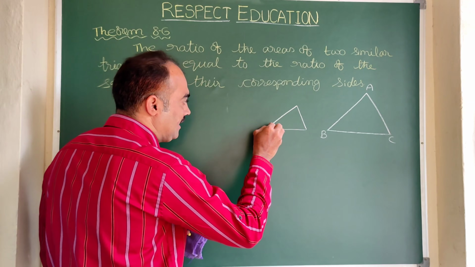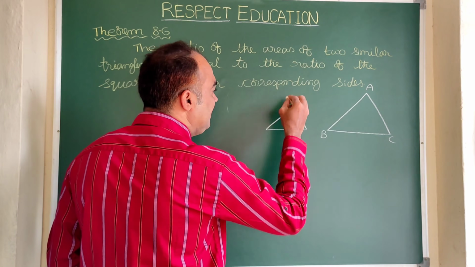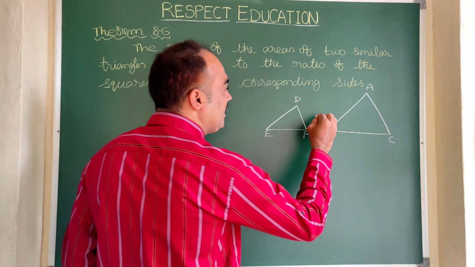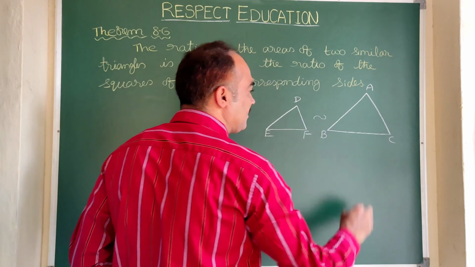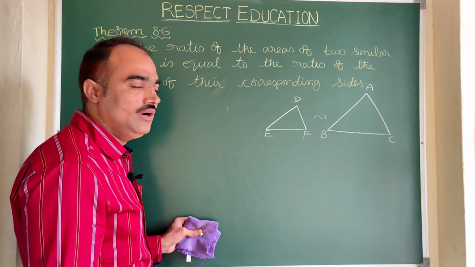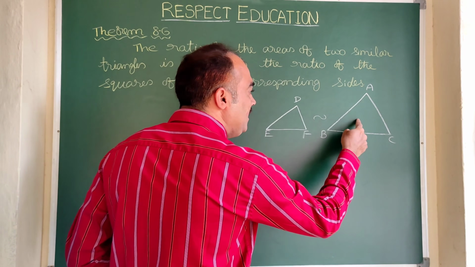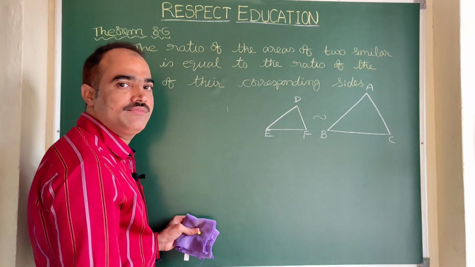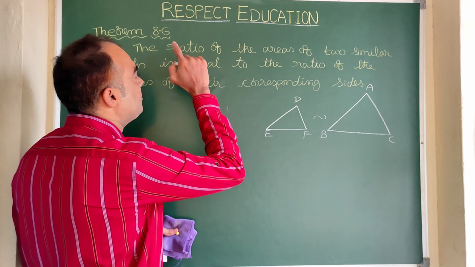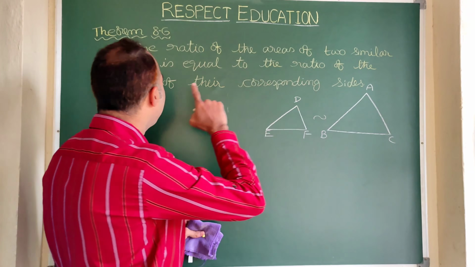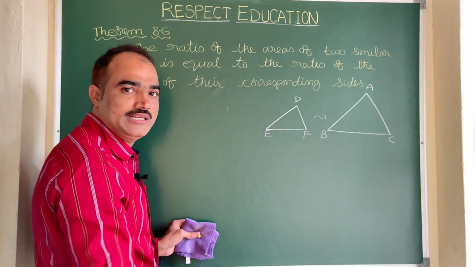So here I am taking another triangle DEF. ABC is similar to triangle DEF. Now area of triangle ABC by area of triangle DEF, that is the meaning of ratio here, is equal to this ratio of squares of their corresponding sides.